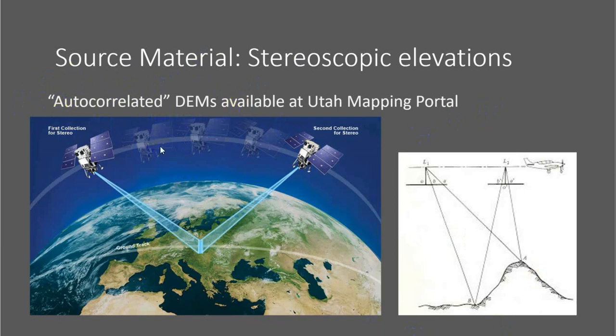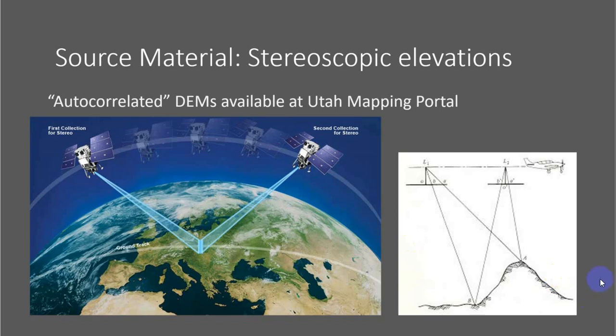The problem with the stuff that's available at the Utah Mapping Portal is that the stereoscopic images that were used were flown in the summertime, which means vegetation was at its peak, and a lot of times the ground was obscured. And so what you're going to see in that case is some places where the terrain looks very clear and logistically acceptable, and then other places where it looks like pooled mercury, and you can tell that it's just been kind of glossed over.